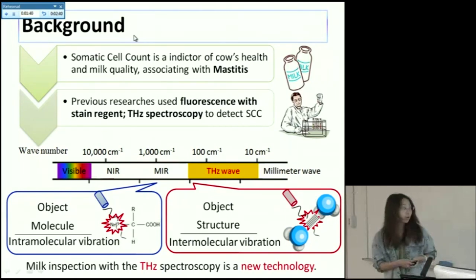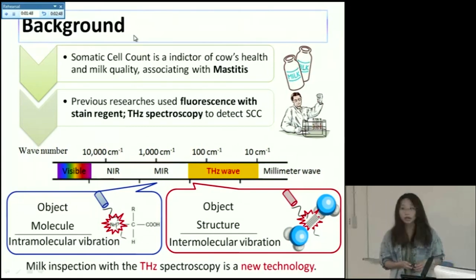So the mid-infrared region is very useful for chemical identification and classification because it is very sensitive to the functional groups of the molecule. But milk inspection with terahertz spectroscopy is a new technology.